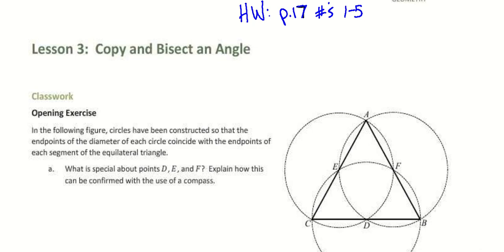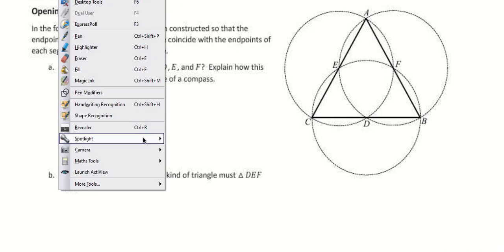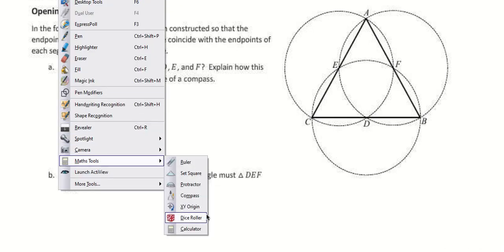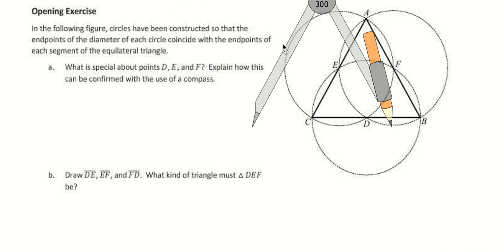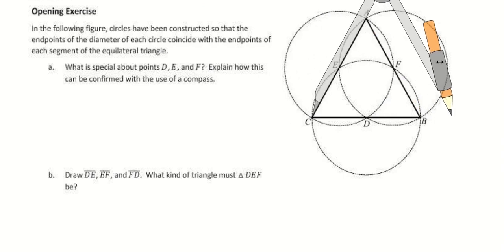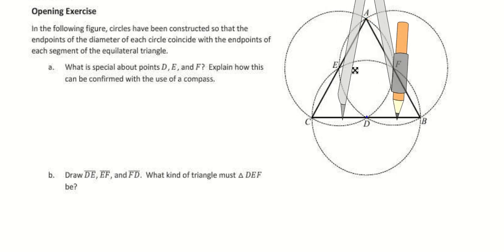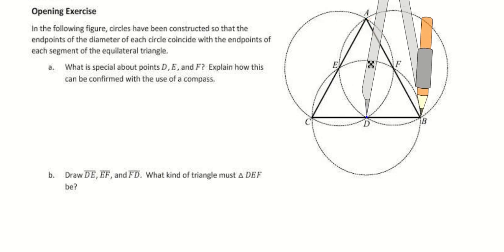So for copy and bisect an angle, we just want to look at this open exercise real quick. So you can see that these circles were drawn here. If I were to take my compass, I can actually check to see what's special about points D, E, and F. If you see, I can draw segment CD, and when I go over here, look, it's the same length as DB.